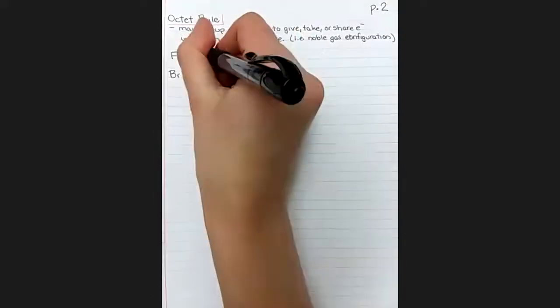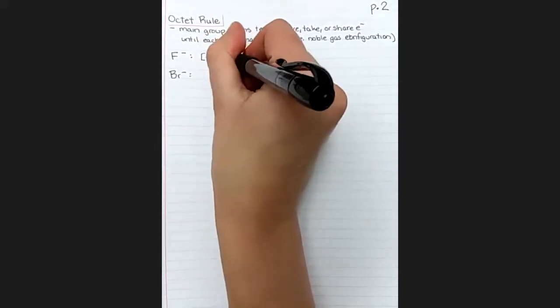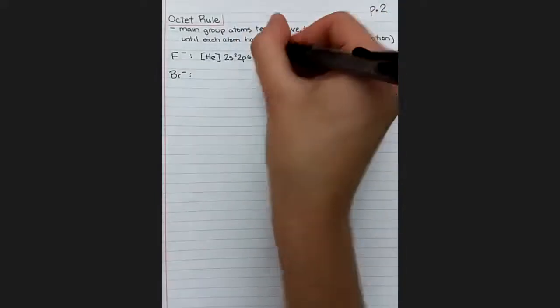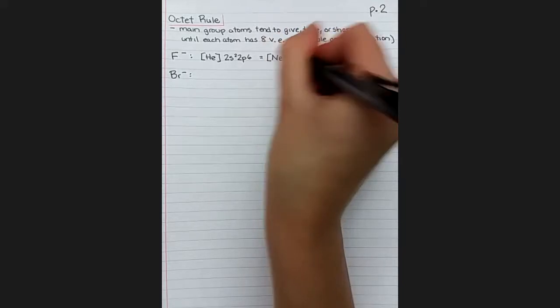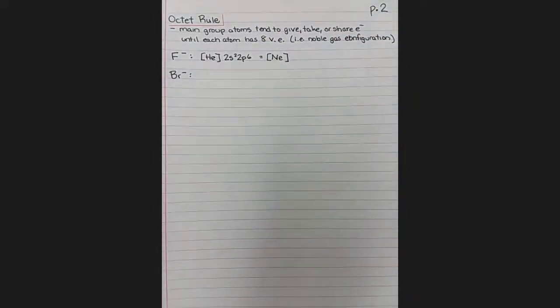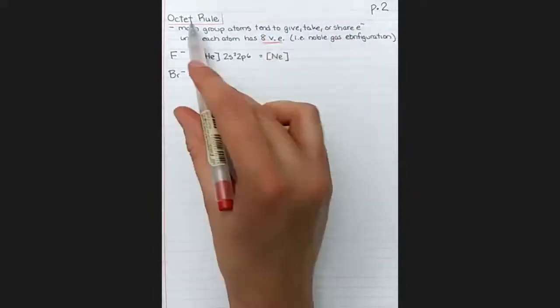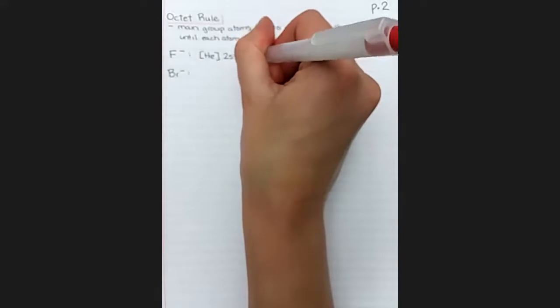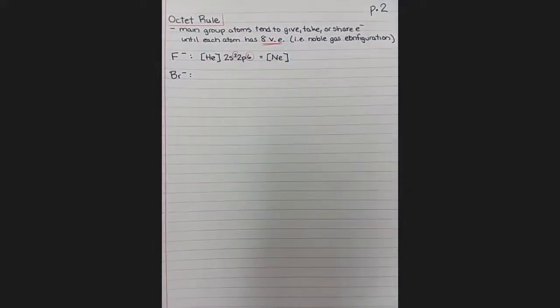So fluorine's configuration looks like helium, 2s2, 2p6, or we could write it as neon if you wanted. And we can see the 8 valence electrons, or the octet, here in the highest principal quantum number, s and p orbitals.